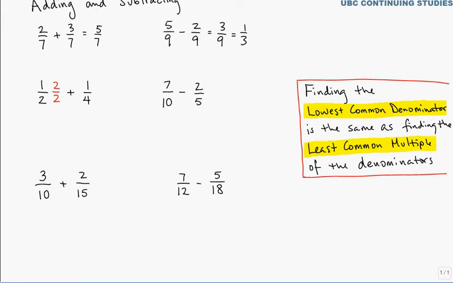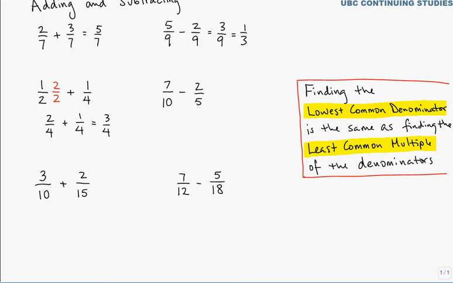And remember, if you're multiplying by 2 over 2, you're not changing the value of the fraction. It's an equivalent fraction. But the result is a fraction that has a denominator of 4. And now that we have two fractions with the same denominator, it's easy to add them. 2 over 4 plus 1 over 4 is 3 over 4.